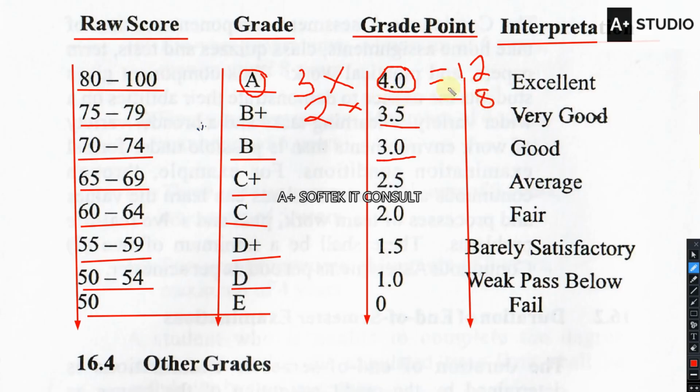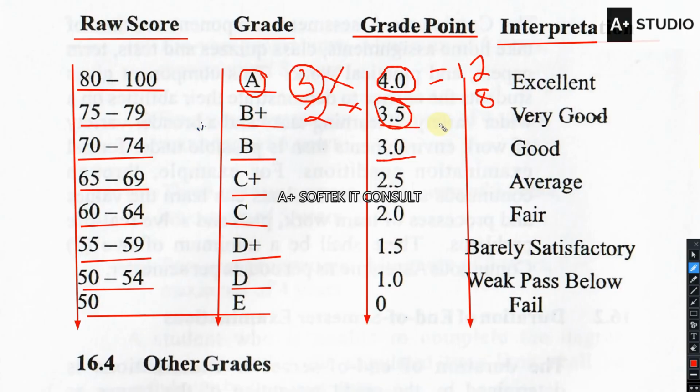The same thing applies if the student gets a B plus, that is 75 to 79: we multiply the credit hours of that course by the grade point, and then we get the actual grade point.